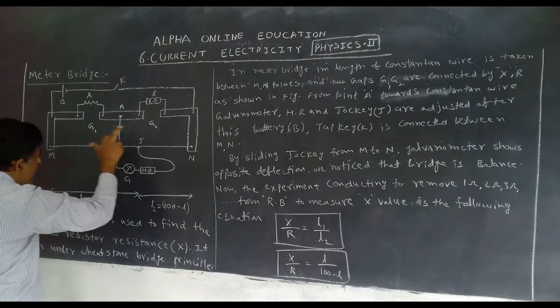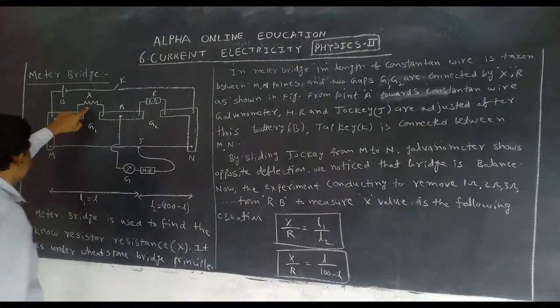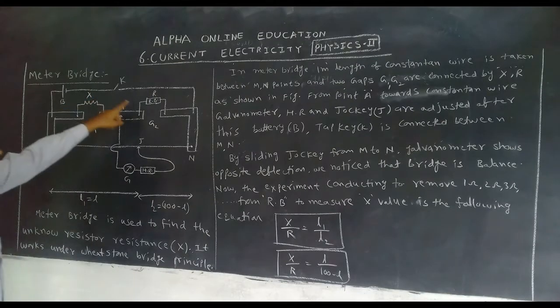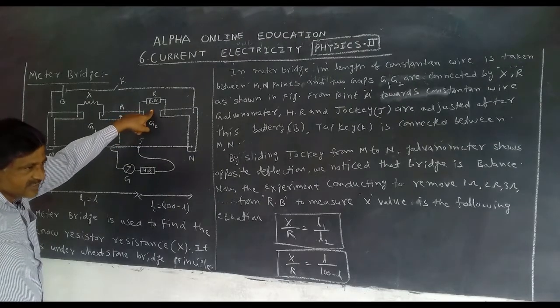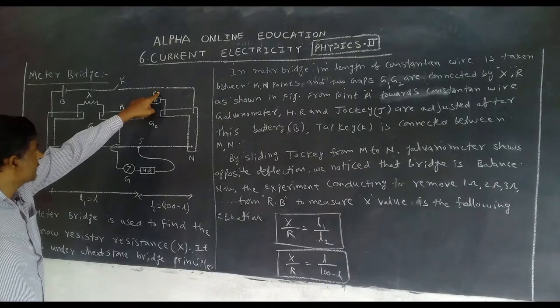In these gaps, we take resistors. This is the symbol for a resistor. This is the unknown resistor, that's why I call it X. In the G2 gap, we take one resistance box. Shortcut, we can write R.